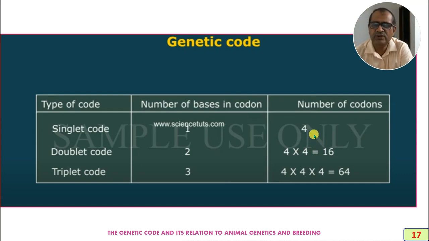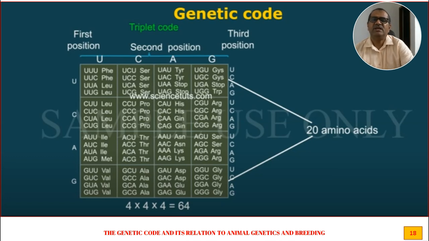Whereas the triplet code has three bases in the codon, and the total number of codons is 4 into 4 into 4, that is 64 genetic codes. So ultimately, the genetic codes direct the production of specific types of amino acids. You can see the permutations and combinations here from the first box to the last box.